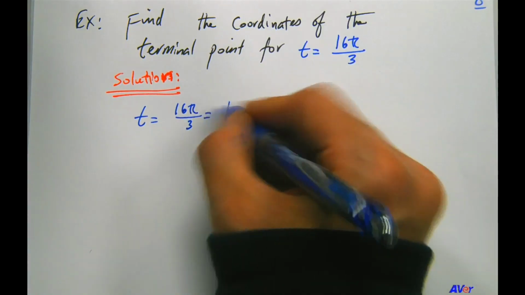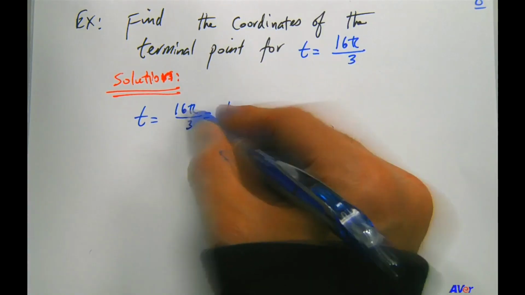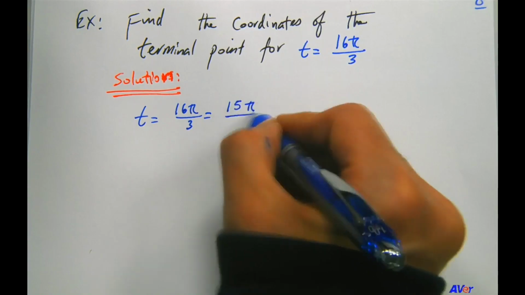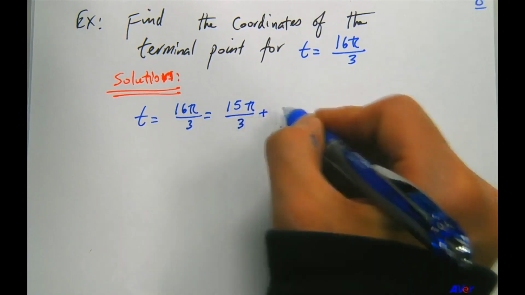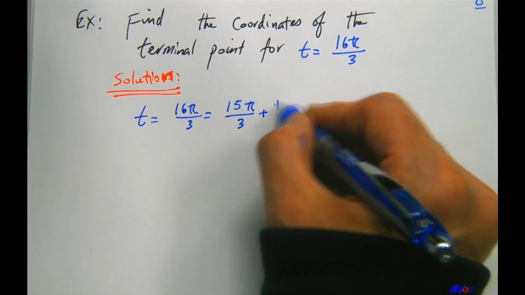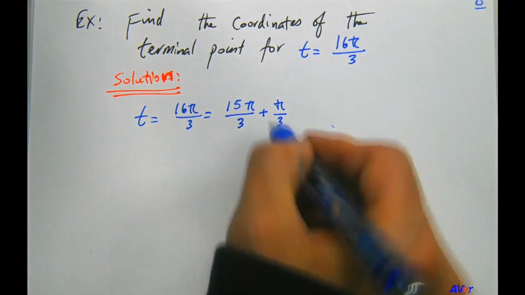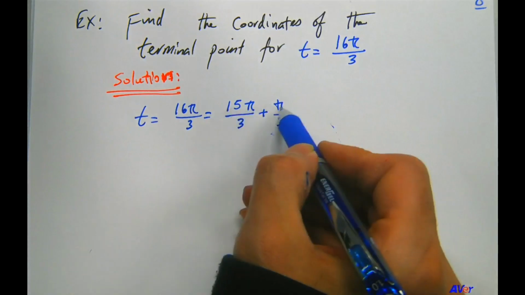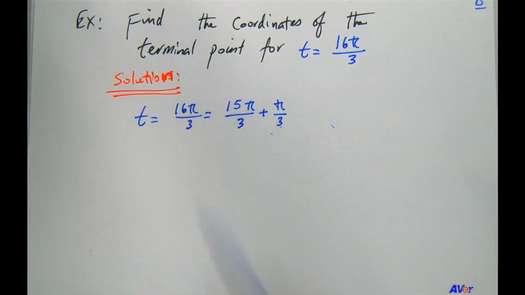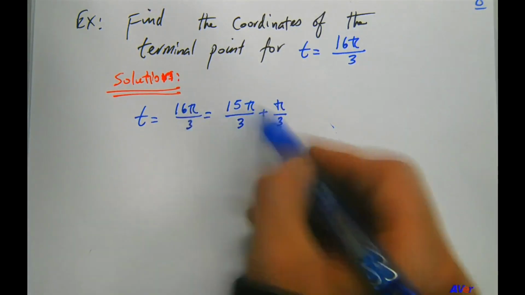If we have 15 pi over 3 plus pi over 3, we get 16 pi over 3, with the common denominator, since 15 pi plus pi is 16 pi. So we can break this up into these two pieces.